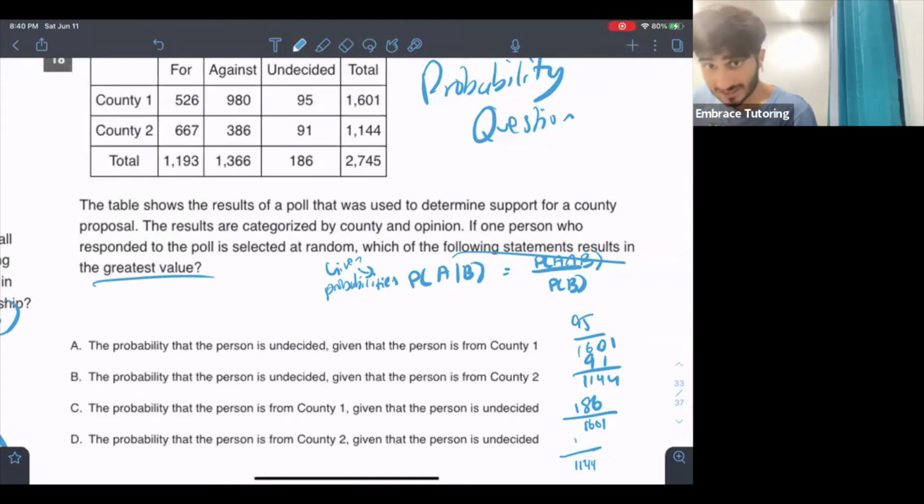Given that the person is undecided, meaning that it's the person from county 1.